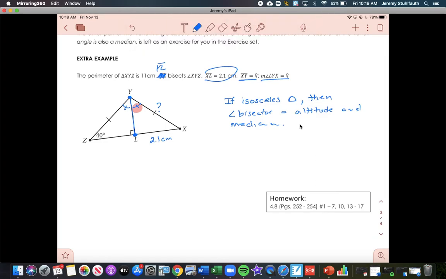So it tells us YL is an angle bisector, and that line is also an altitude and a median.